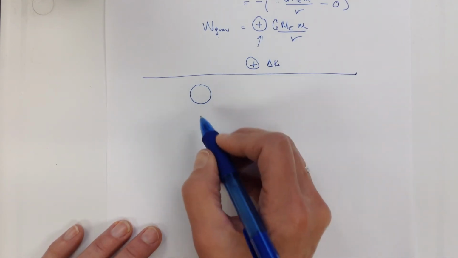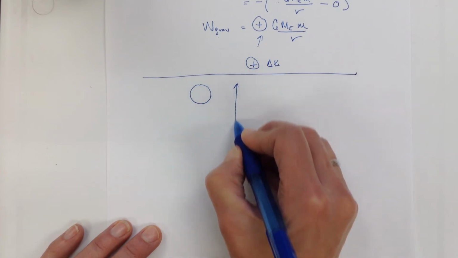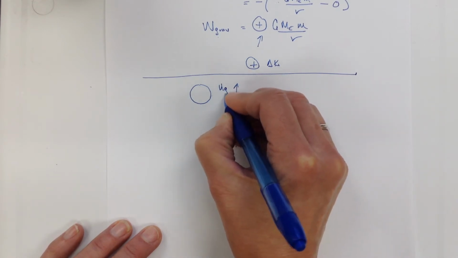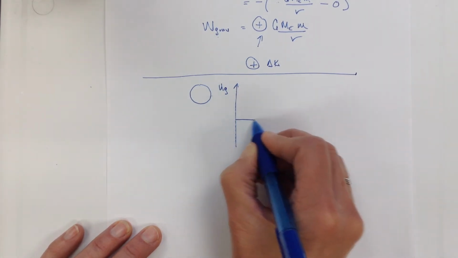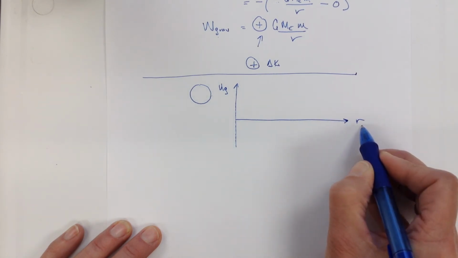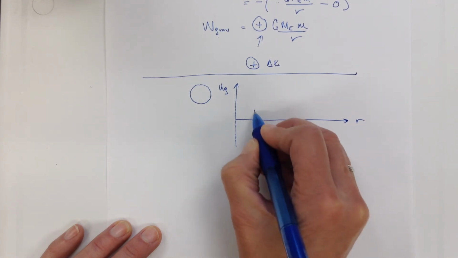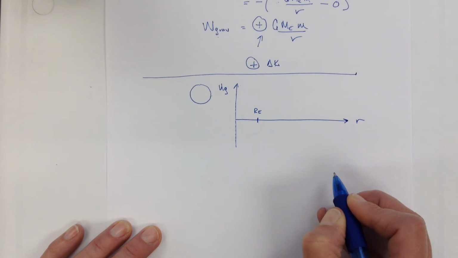So what would the graph of our potential energy look like? Let's just draw a sketch here. On this vertical axis, I'm going to graph the potential energy. And along this horizontal axis, I'm going to graph the distance that it's carried away. Let's make this point right here represent the radius of the Earth.